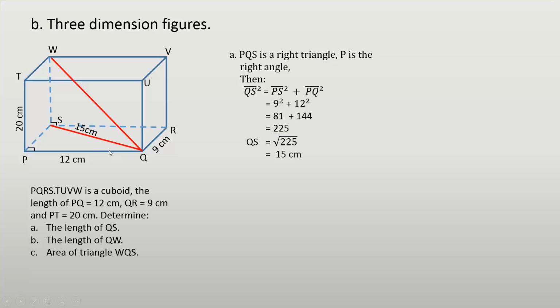Now we will calculate the length of QW. Okay, QW is called the space diagonal. And to determine the length of WQ, consider the triangle WSQ. It is a right triangle with S is the right angle. So QW is the hypotenuse.